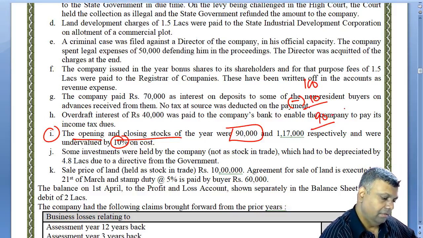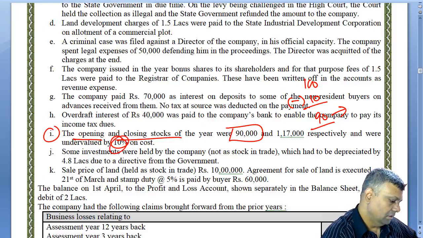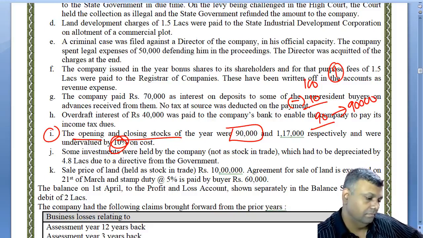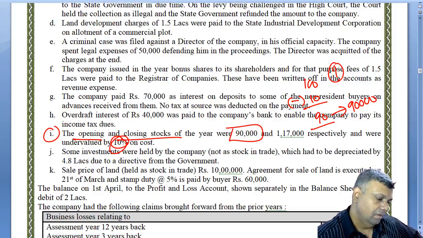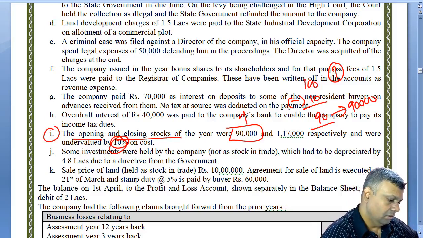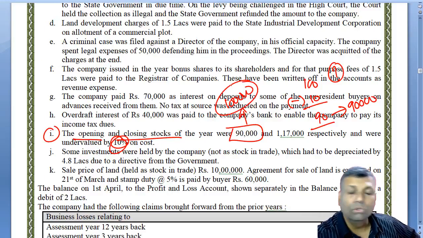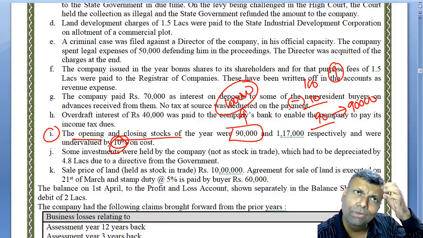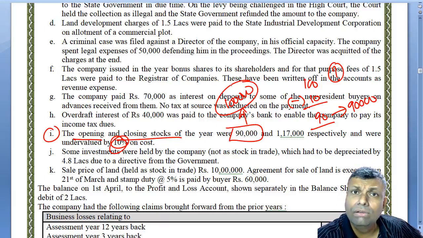So this is 90. So if this 90 is 90,000, what should be the value? So this 90,000 will become 1 lakh. So there is an undervaluation to the extent of 10,000. And similarly, the 13,000 rupees will become the undervaluation.